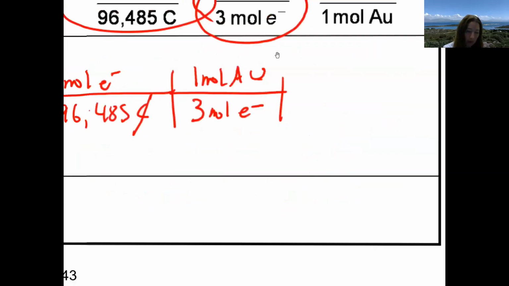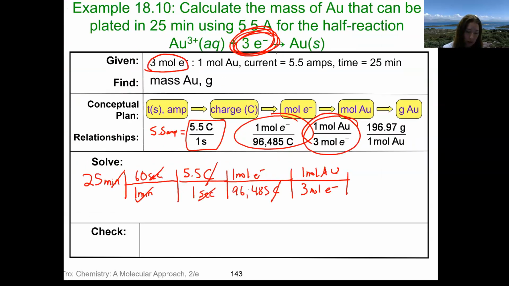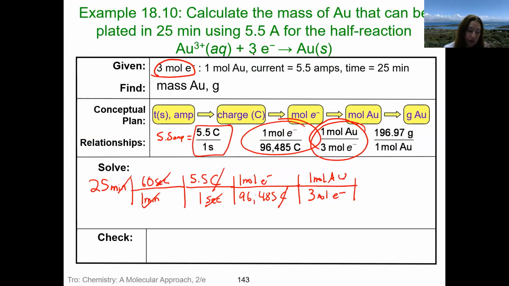And again, where did I get the 1 mole here? It's stoichiometry. There's 3 electrons and there's 1 Au. That's where I got it. And then I use molar mass from the periodic table. In 1 mole of Au, we get 196.97 grams. So this isn't so bad. And then in the end, we get grams.